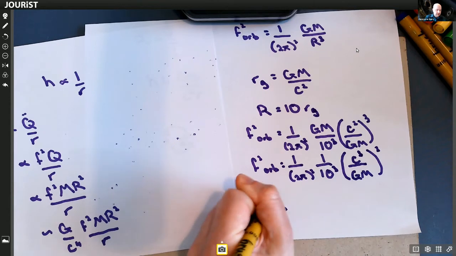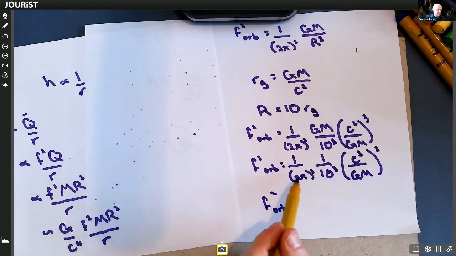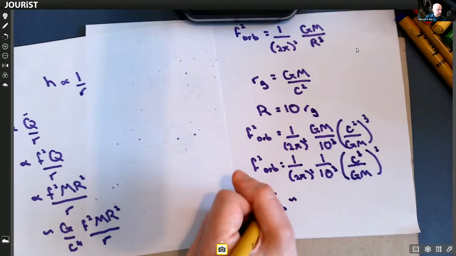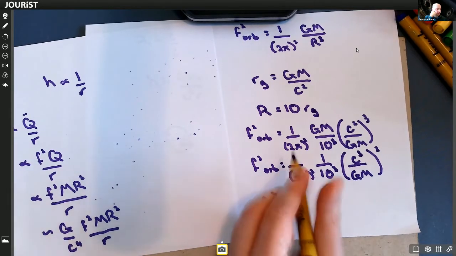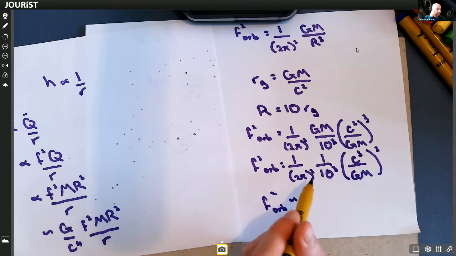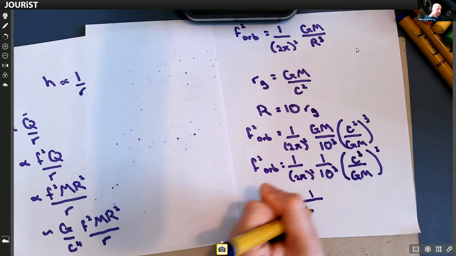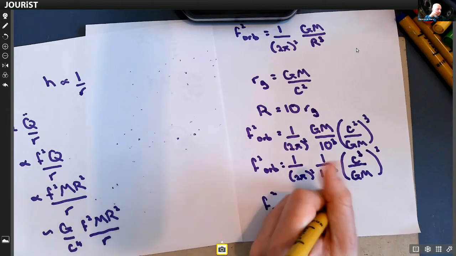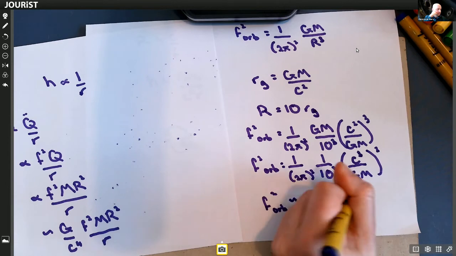What's that going to be? For an approximate value, pi squared is roughly 10, so it's going to be something like 4 times 10 to the 4 as our numerical constant, times c cubed over GM.